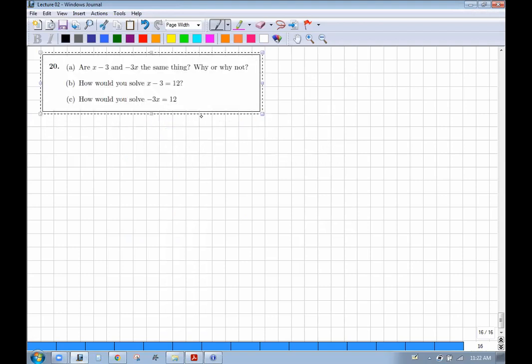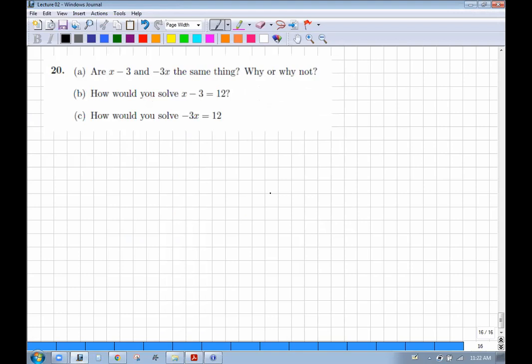Are x minus 3 and negative 3x the same thing? No, they're not. Here you're subtracting 3 from a number. Here you're multiplying a number by negative 3. You could tell, right? Let x be 0. Just pick a number.